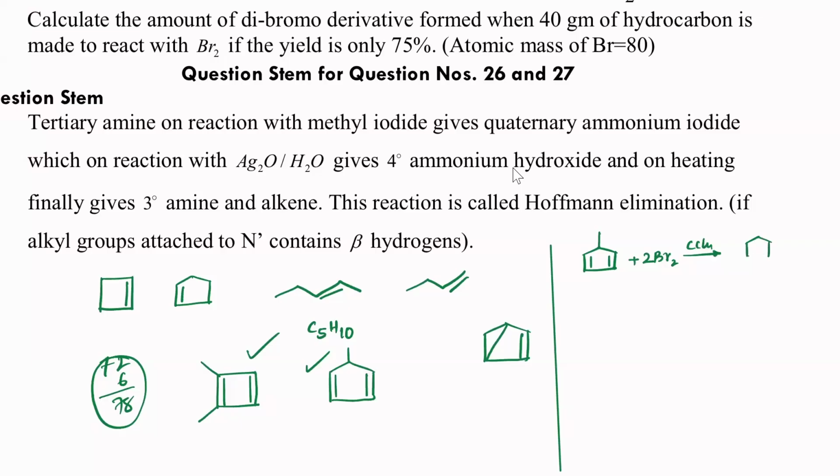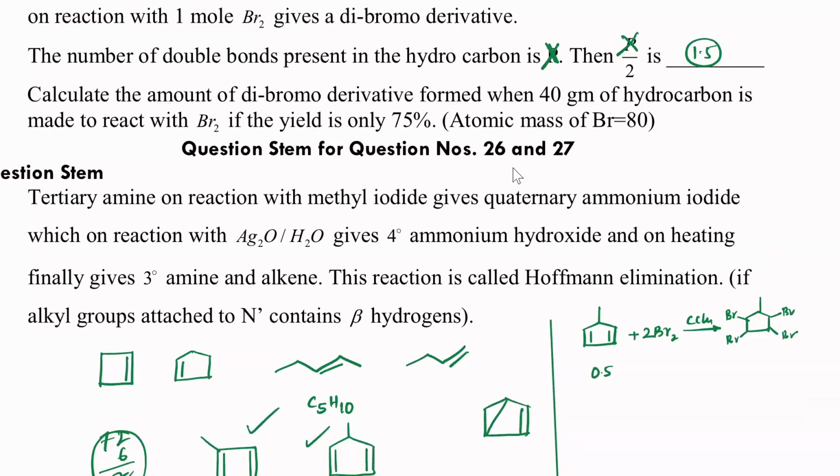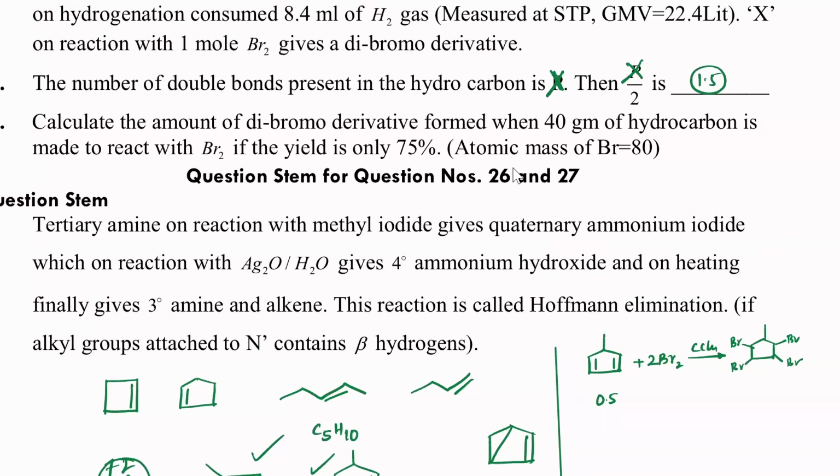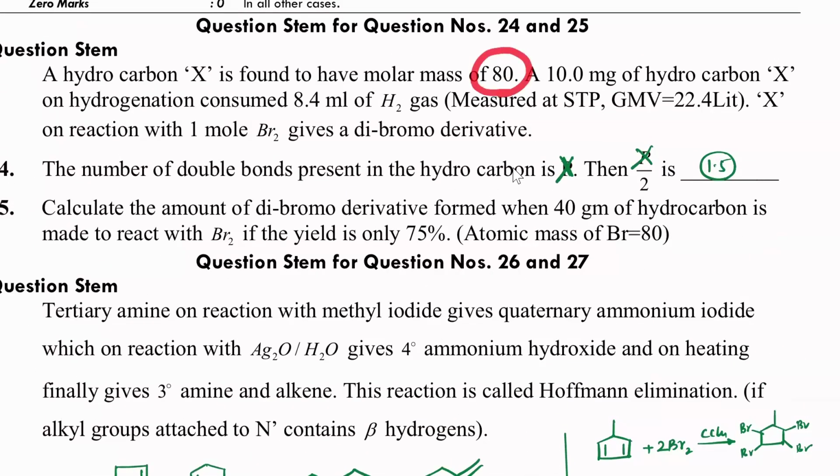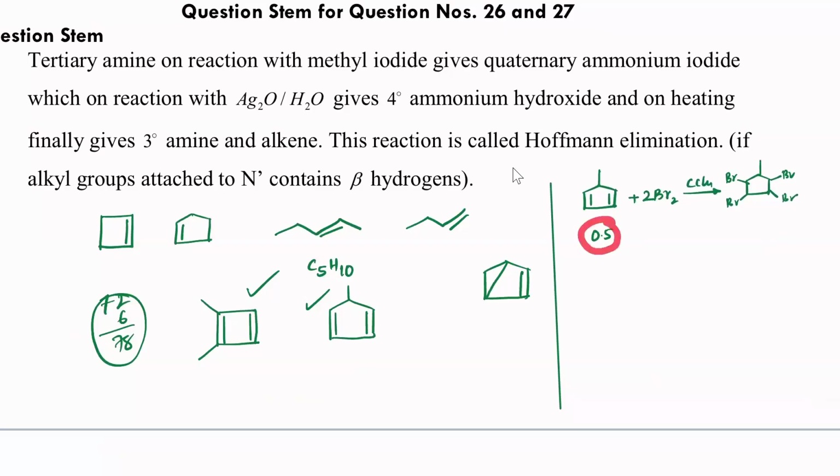That would make bromine add at all positions here. Br and Br here, Br and Br here. Correct? So here we take 0.5 moles because molar mass of the molecule here is 80. So therefore 40 means 0.5 moles.